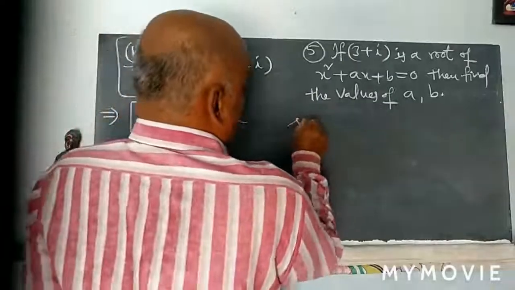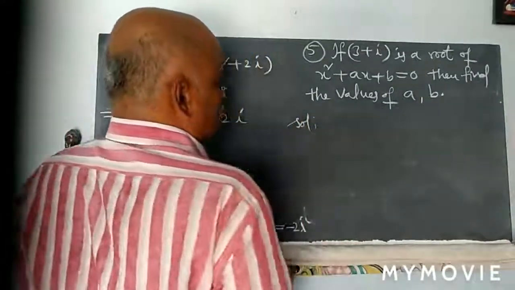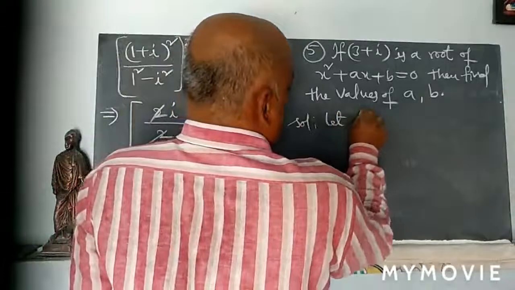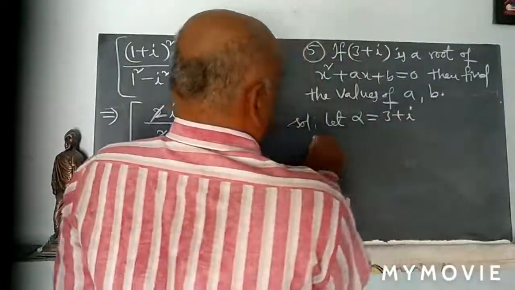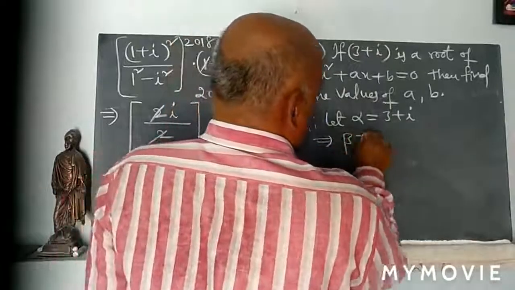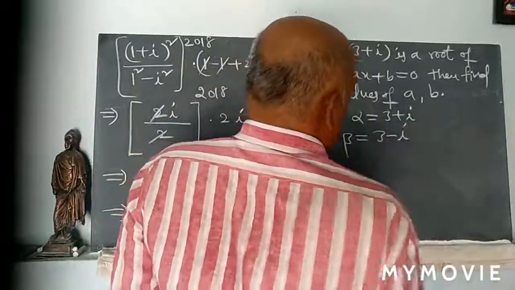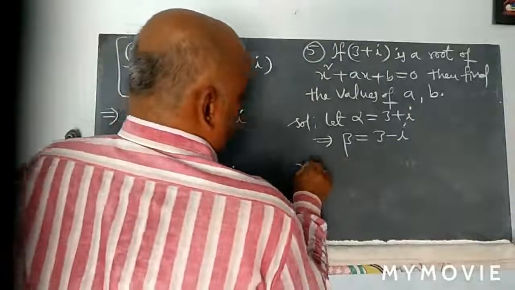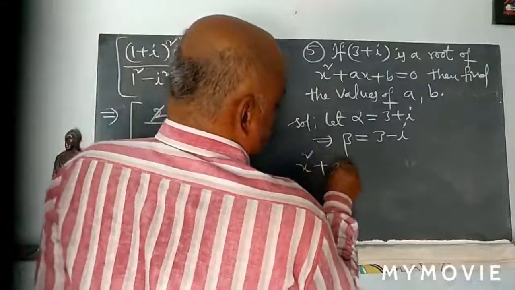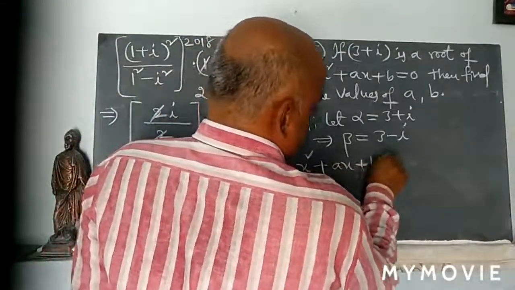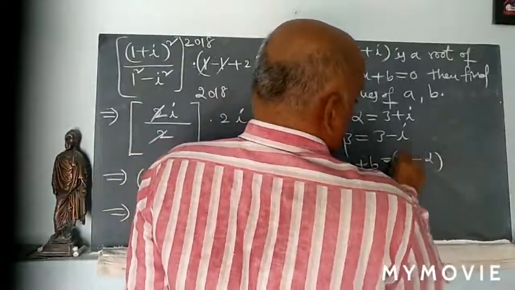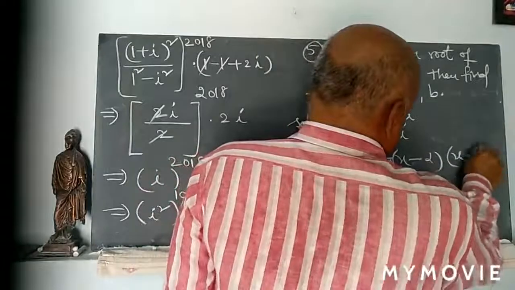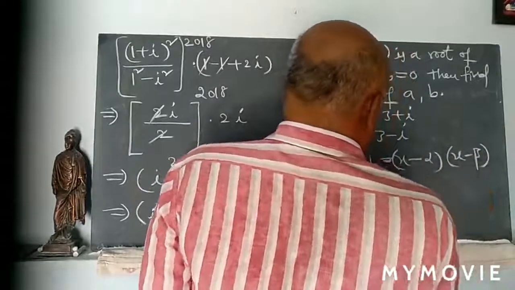So solution, let alpha equal 3 plus i, then beta equals 3 minus i. So x square plus ax plus b is equal to (x minus alpha) into (x minus beta).